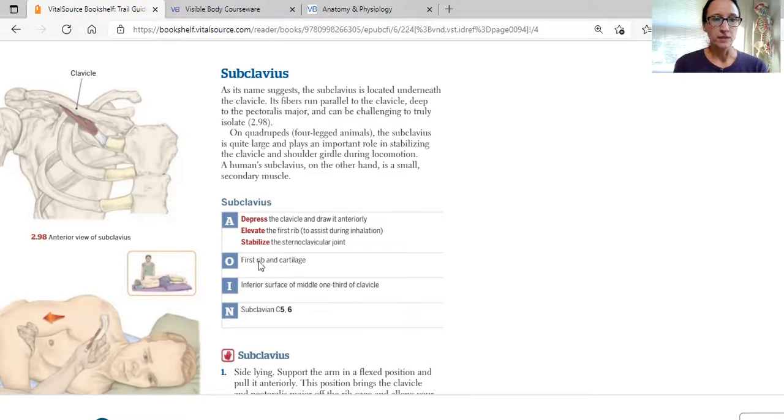So according to your book, it depresses the clavicle, elevates the first rib, and stabilizes the sternoclavicular joint. So what it really does is stabilize the sternoclavicular joint. It's entirely too small to really affect the clavicle or the first rib in any significant way. So mostly stabilization is the action of subclavius.